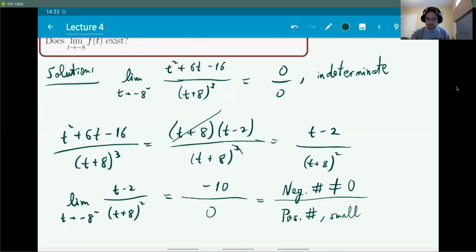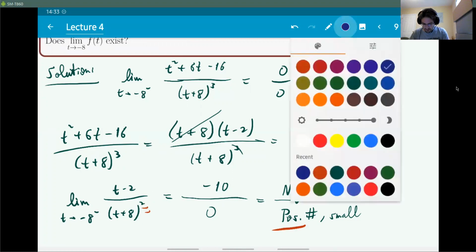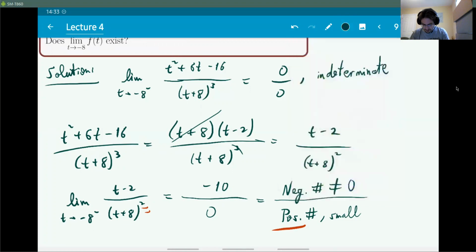This is the part that ensures this limit will be an infinite limit. But positive is because of this square right here. And then, okay, what is negative over positive? That is a negative. So negative infinity.